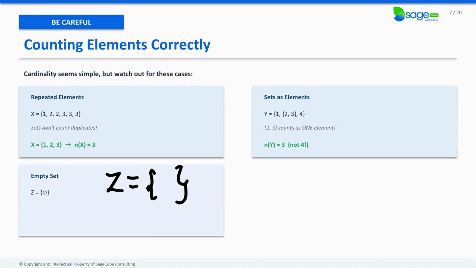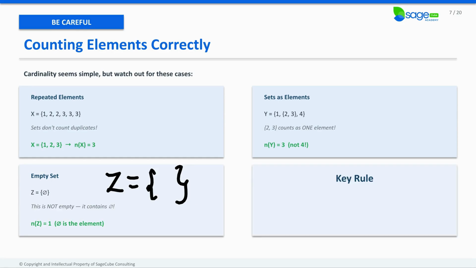It has nothing in there. But here we put that notation for empty inside here. So it means it contains this notation here, this thing here. This is its element. It's just 1, okay? Do we get this? Okay, so the rule is count each comma separated item between the outermost brackets as one element.